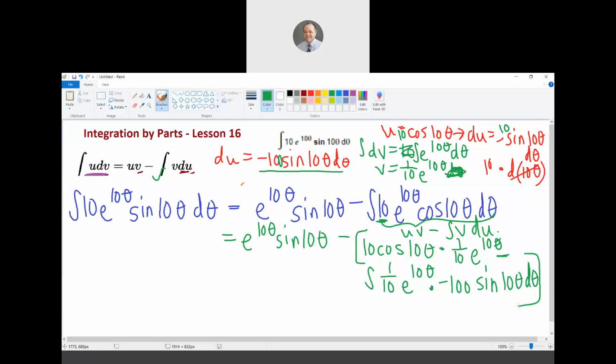Now let's clean this part up just a bit. Right here, the 10s cancel.